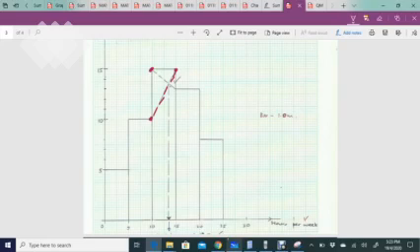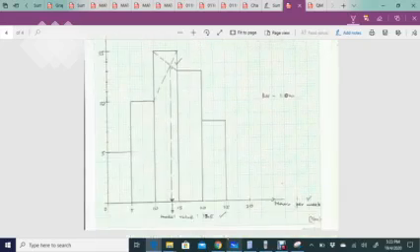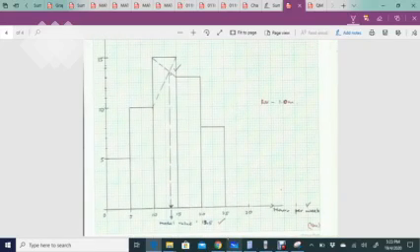Same thing to the other bar. Then from the intersection, you go down. Again, use ruler. Then you estimate the value you obtain here. For this example, your modal value is 13.5.